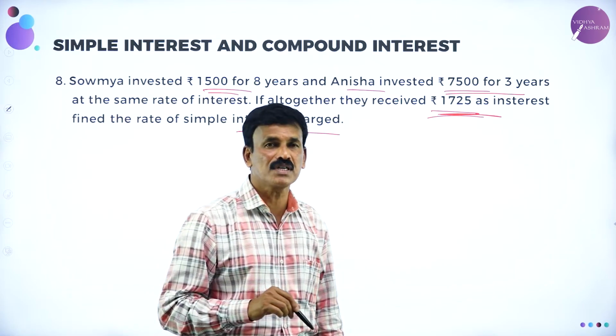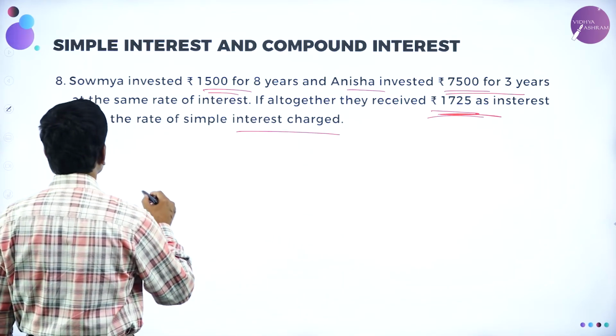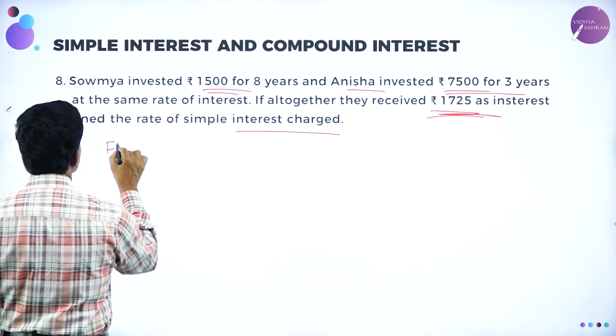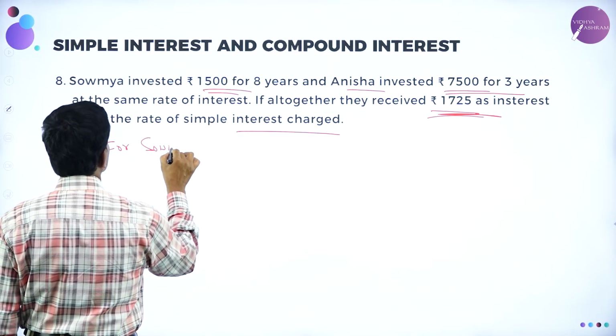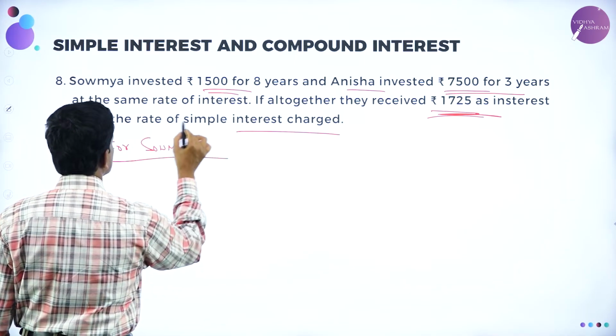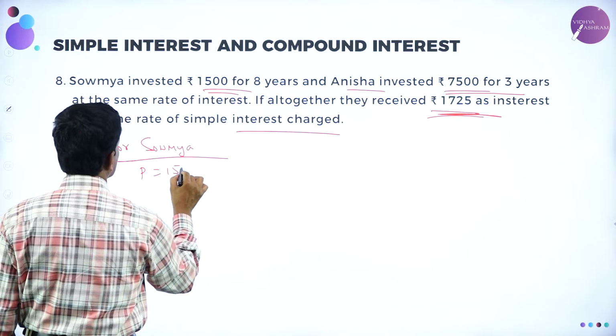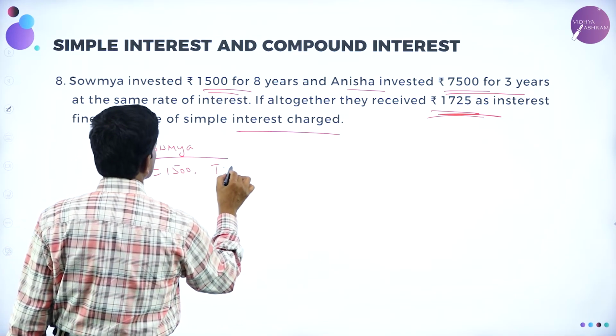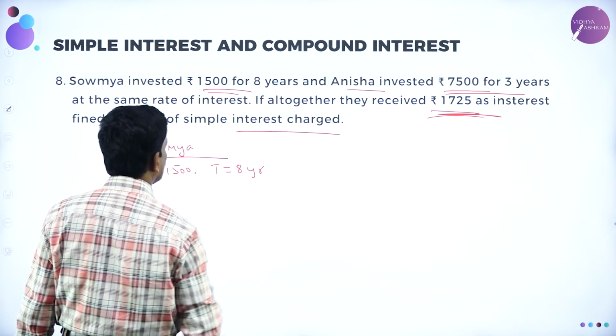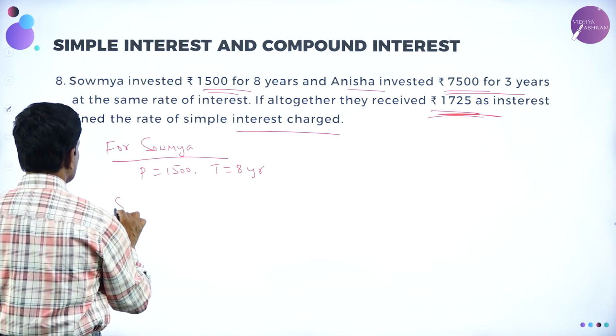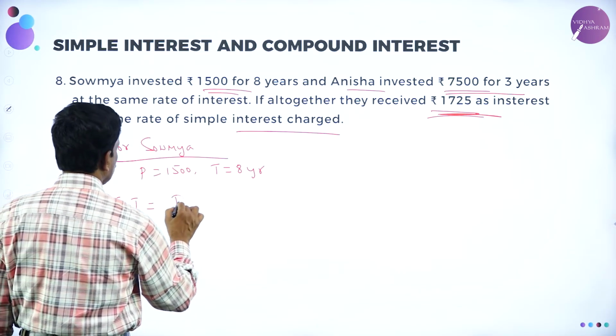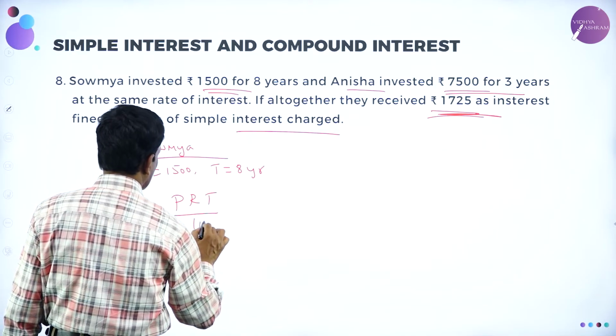Now let us consider the first case. For Soumya, what is the principal? P is equal to 1,500, time period is equal to 8 years, right? Now simple interest SI is equal to PRT over 100.